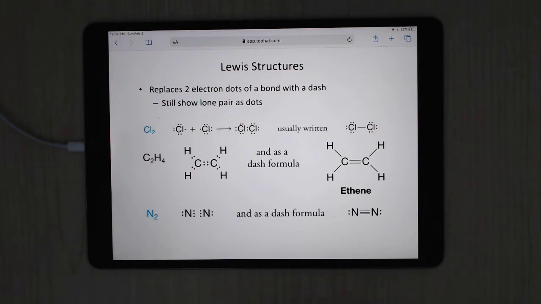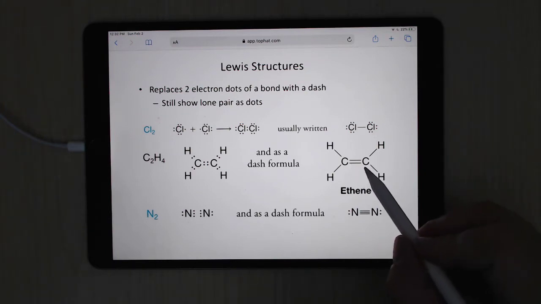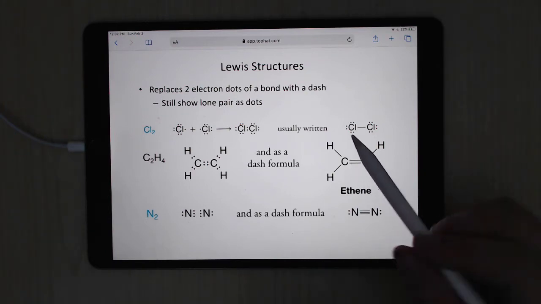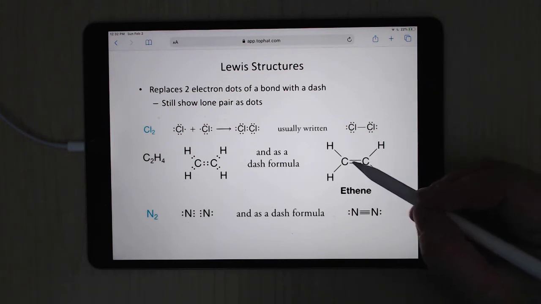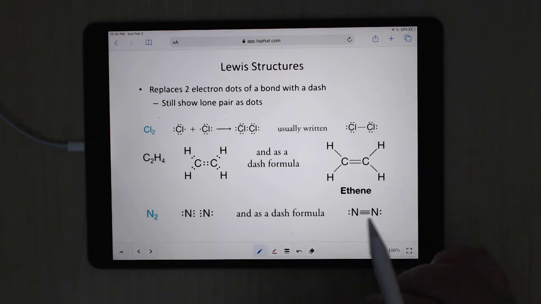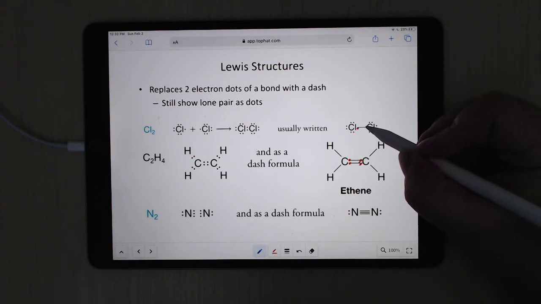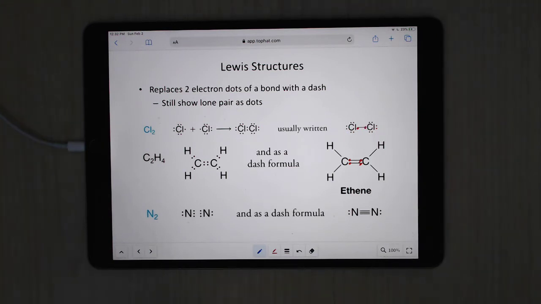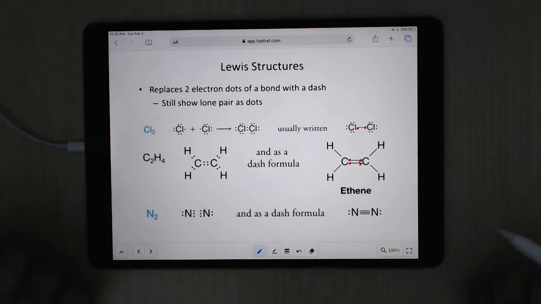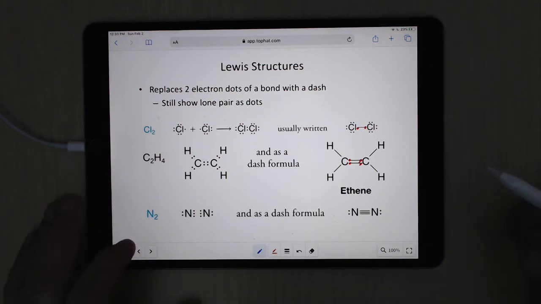So he said, if we put a line in here, it becomes much neater, and everybody's going to know that one line equals 2 electrons. I usually think about it as putting a dot on either end, and that can remind you that there's 2 electrons in that bond.